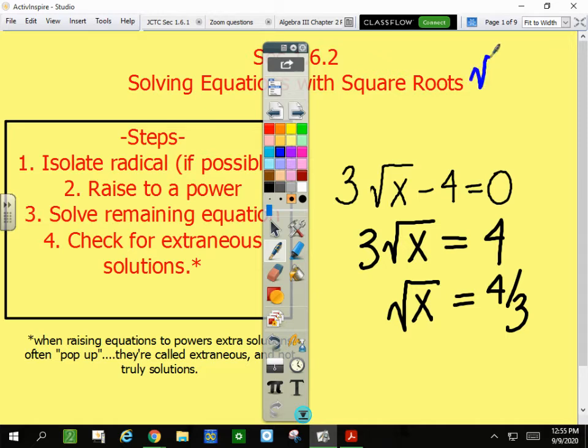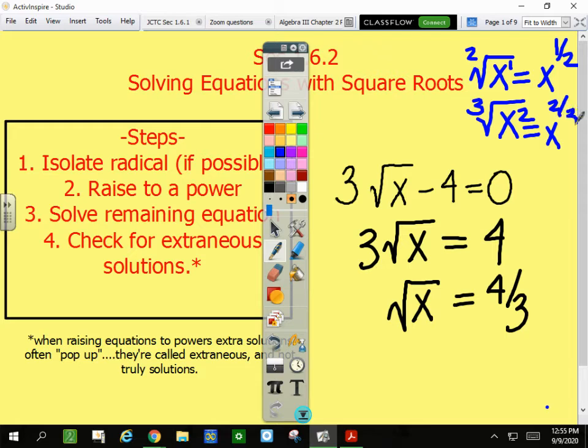So you should have had somewhere along the way that a square root is the same thing as a 1/2 power. Specifically, the index is 2, the exponent is a 1, and that's where the 1 and the 2 would come from. So to go a little further, if you had x squared, take the cube root, that would be the same thing as x to the 2/3 power. So radicals and powers can be interchanged as far as how they're written.